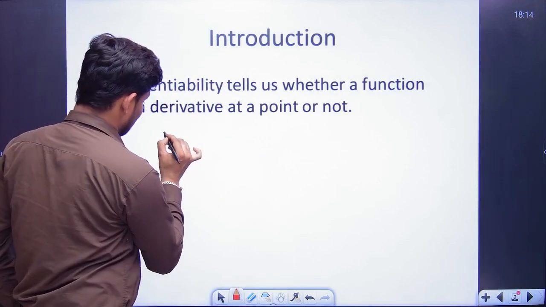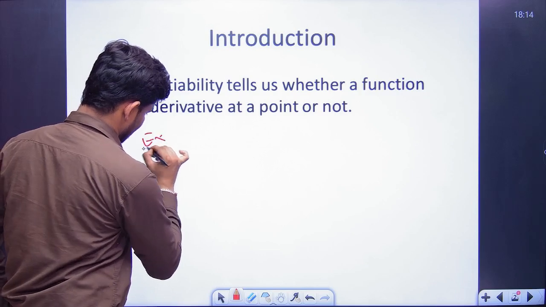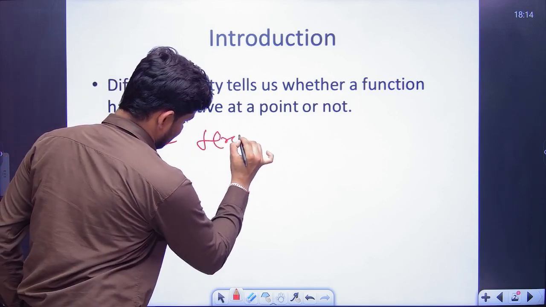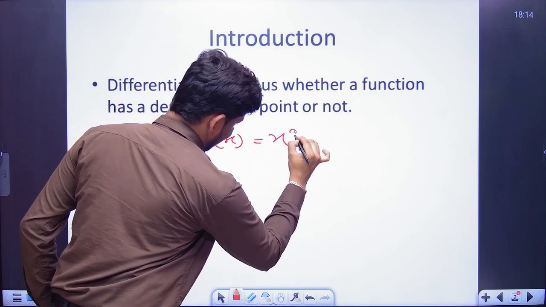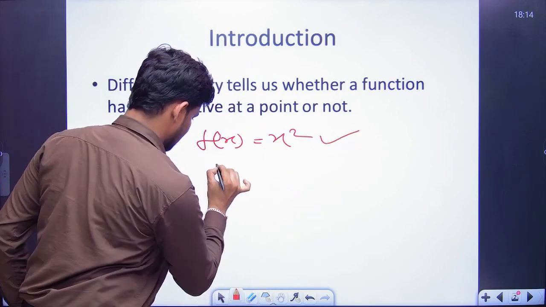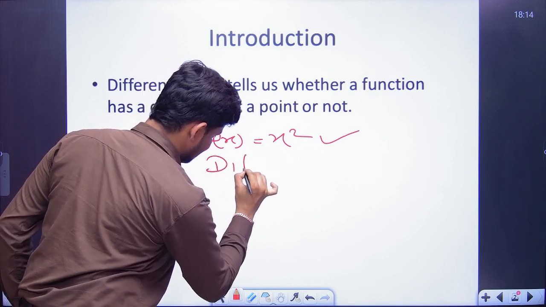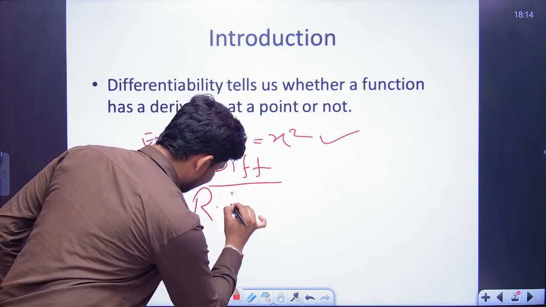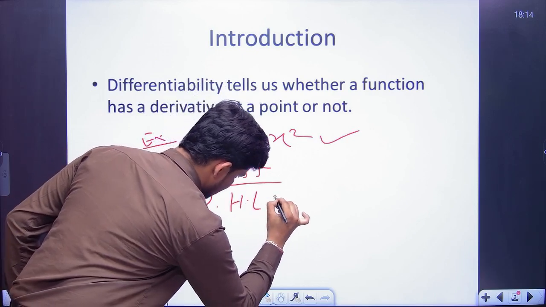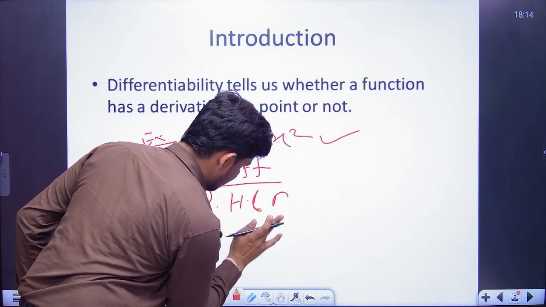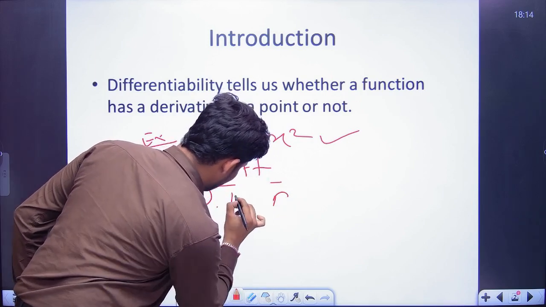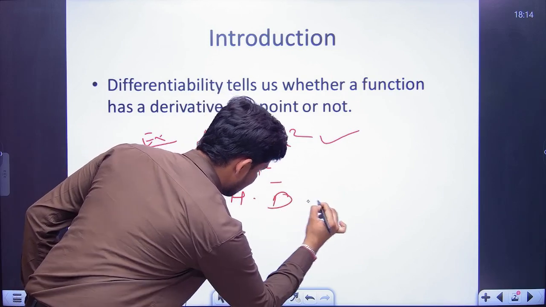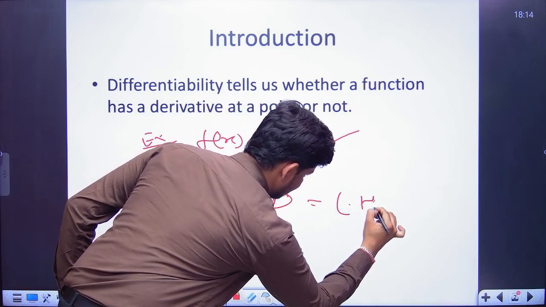Example, f(x) equal to x square is a differentiable function because the right hand derivative is equal to the left hand derivative of this function.